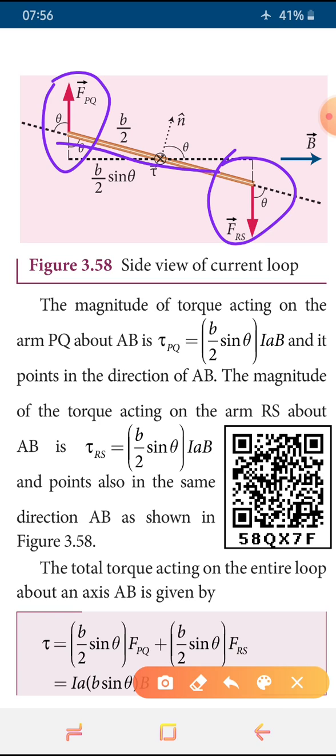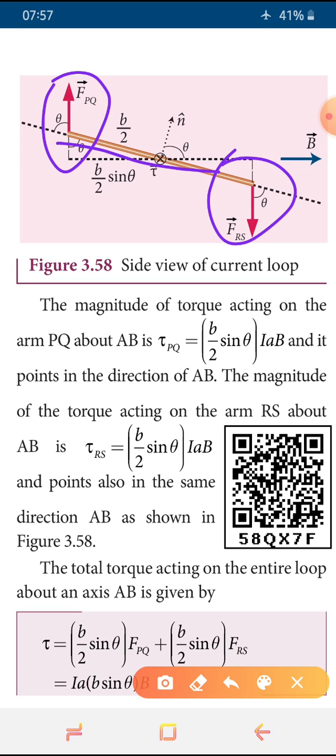And the magnitude of torque along the couple arm RS about AB, we can write tau RS is equal to. So we know how to calculate the torque: perpendicular distance into any one of the forces. Then we are using perpendicular distance b by 2 sin theta times IAB. How to calculate b by 2 sin theta, we have derived in many answers, so I hope you all know about this formula.